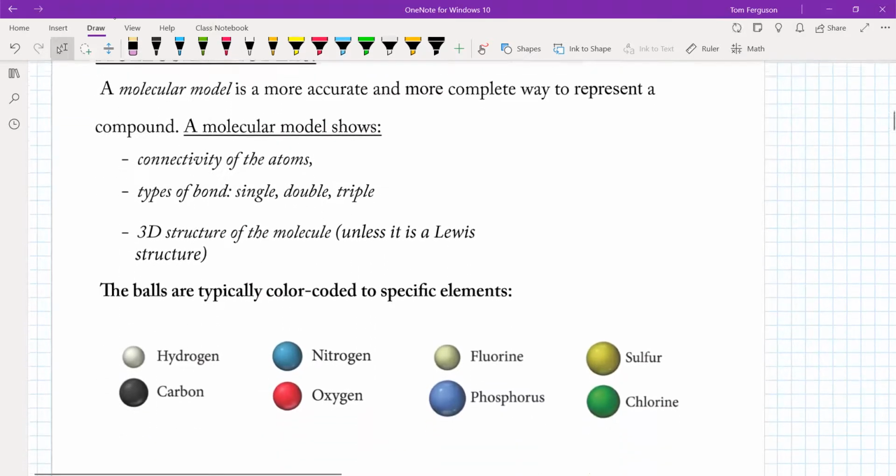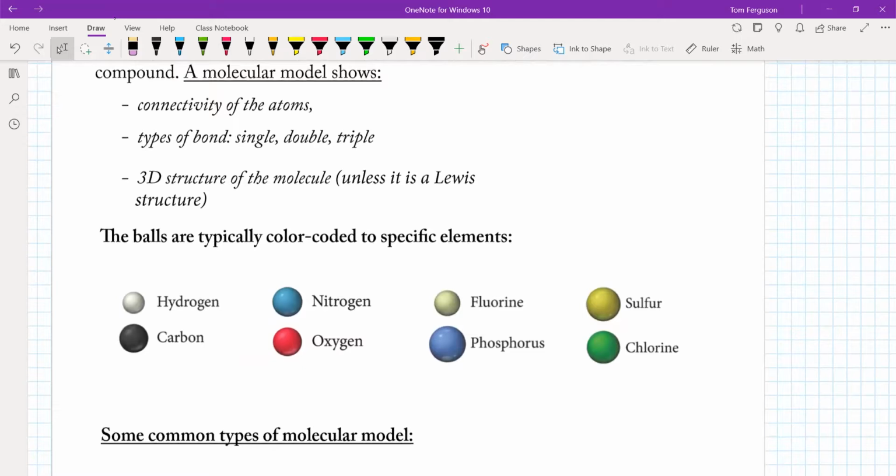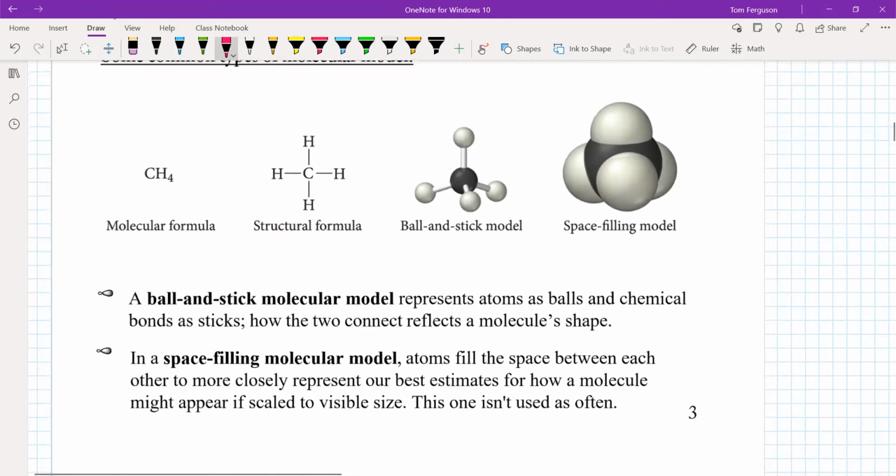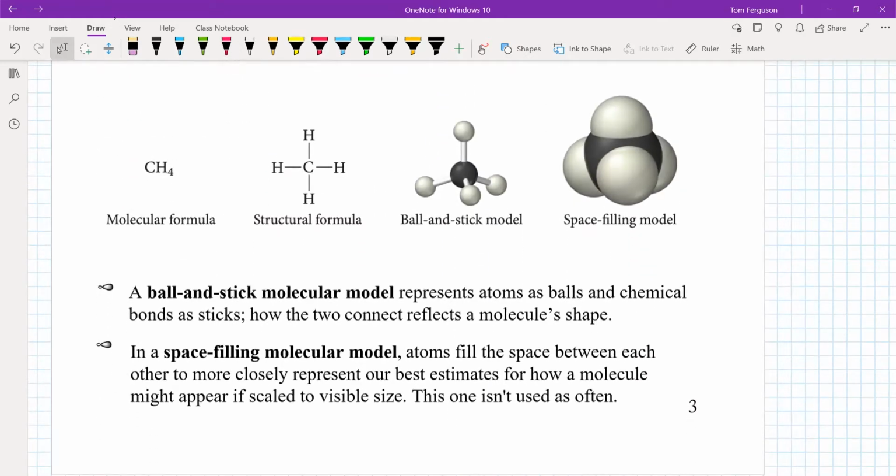Okay, now a mechanical model we've already looked at in chapter 10, and then there is a Lewis model and a valence shell electron pair version as well, the VSEPR version. That's where we get into the tetrahedral and trigonal pyramidal and trigonal planar, etc. If you have a models kit, frequently the atoms will be color coded. The molecular formula, all it says is how many actual atoms.